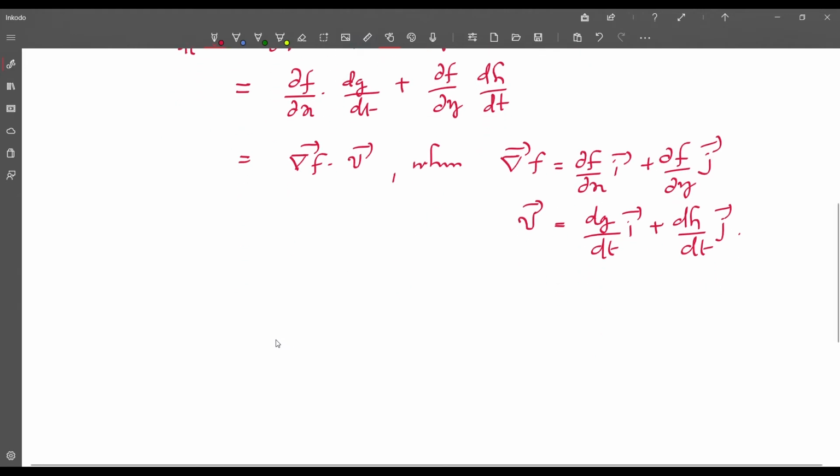Therefore, at extreme points on C, del f dot v is 0.